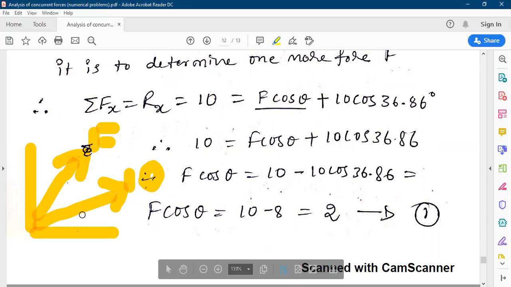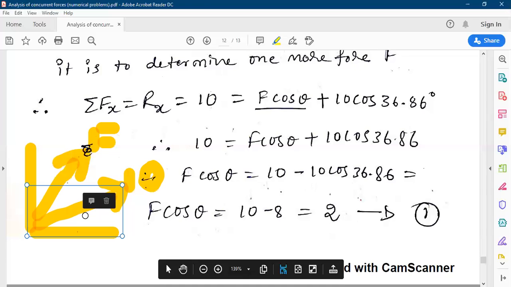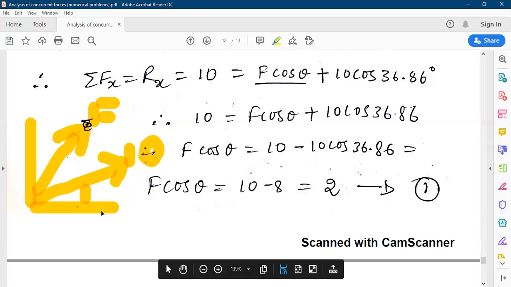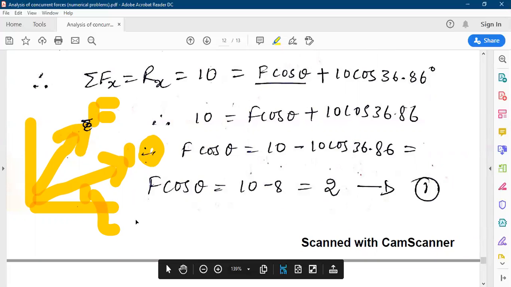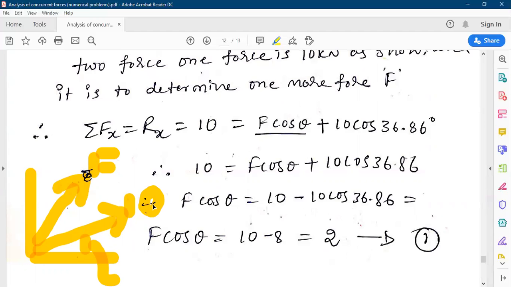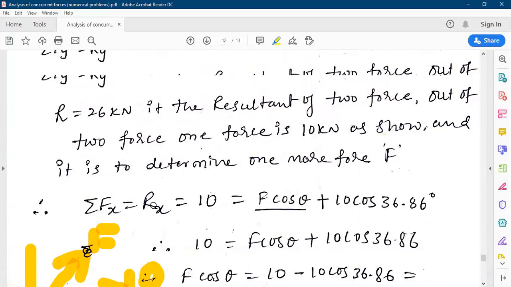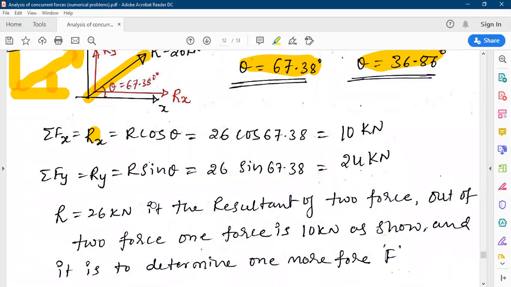So this is having angle theta, this is having theta as 36.86.